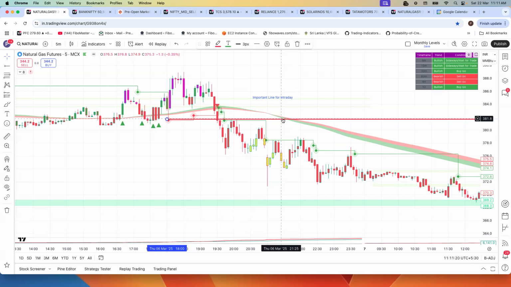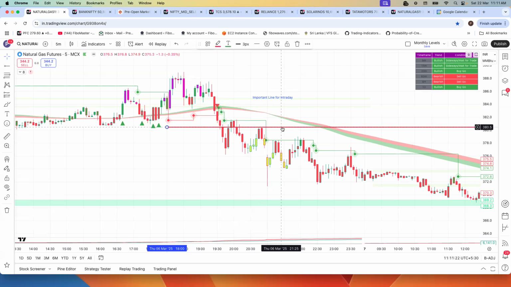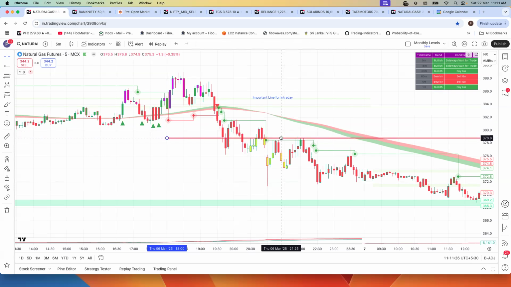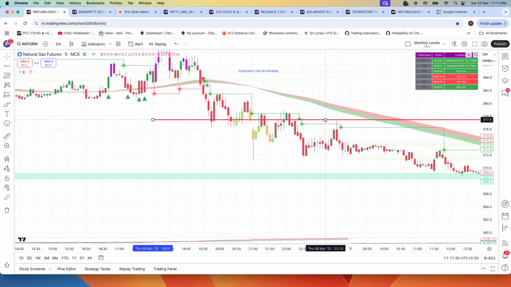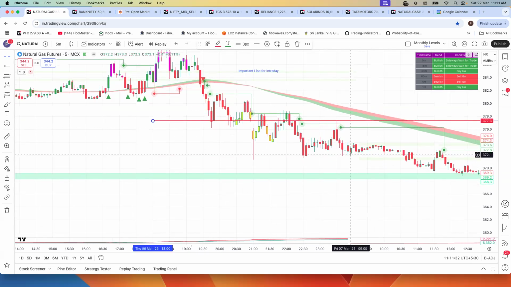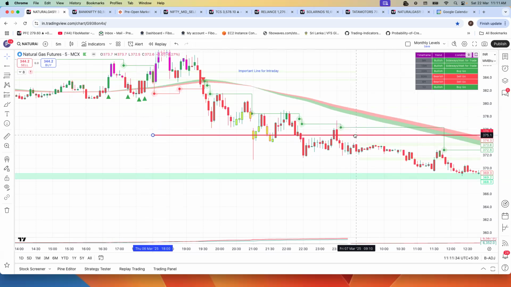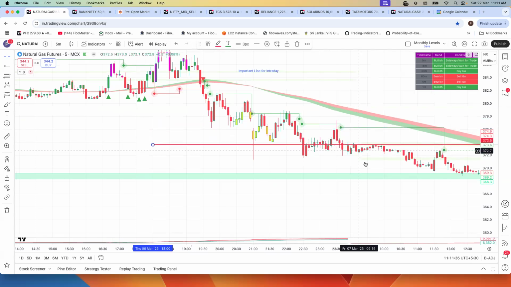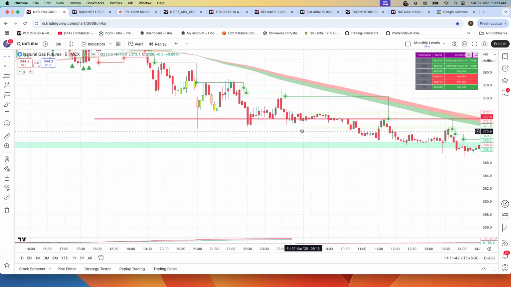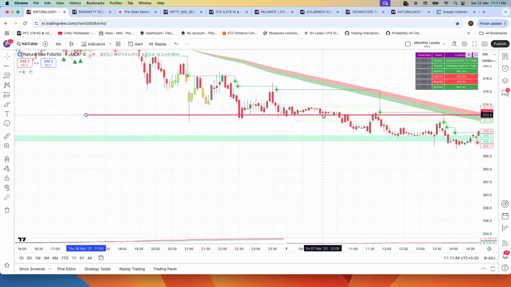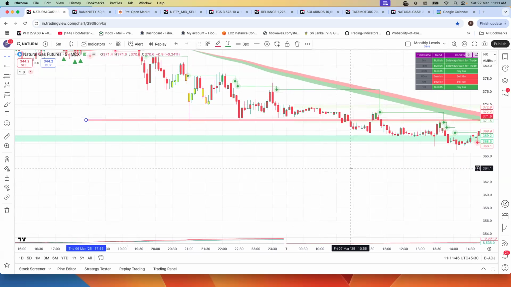Where the next high is forming, I'll move my stop loss here. Where the next high is forming, I'll move my stop loss to this particular candle.